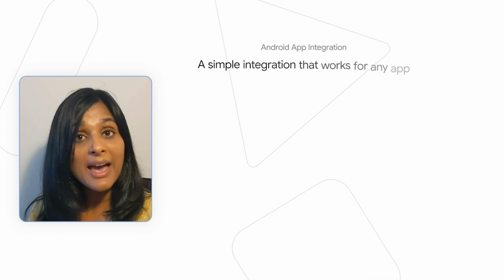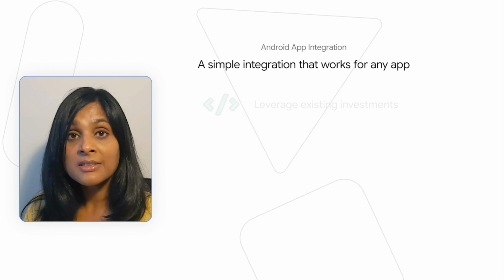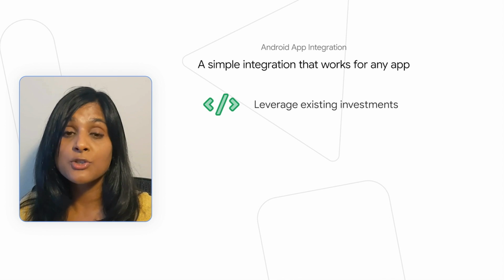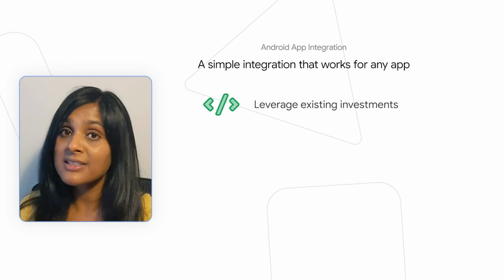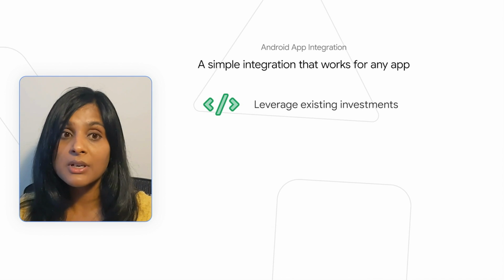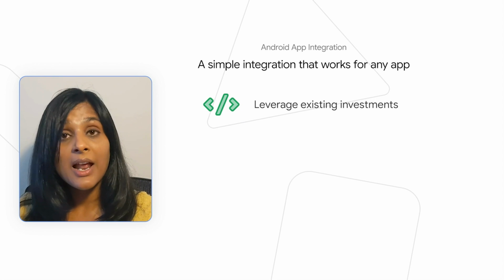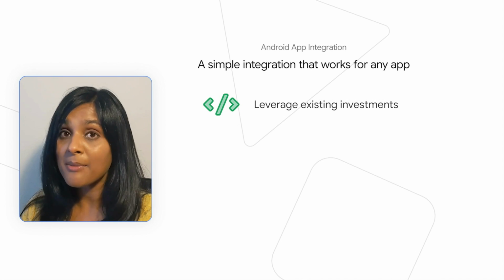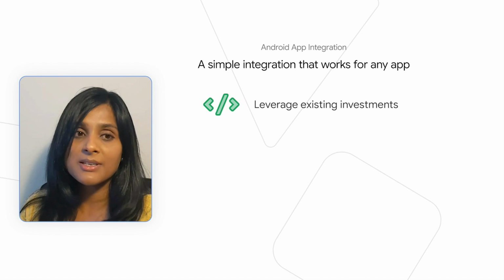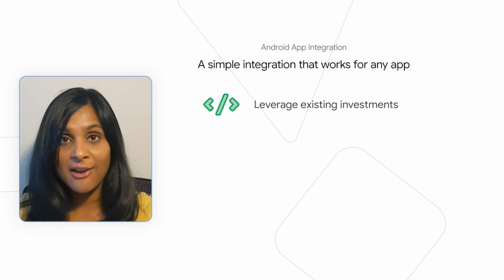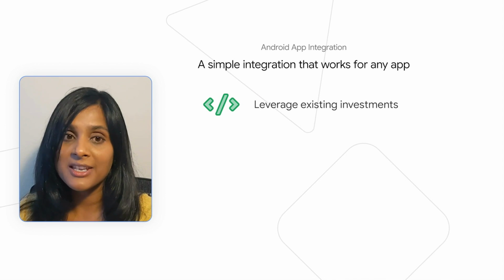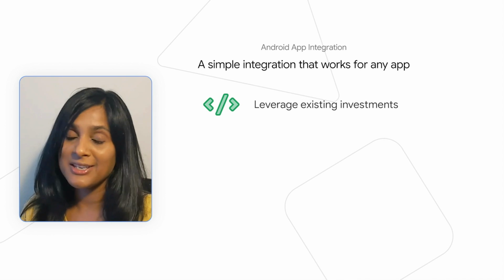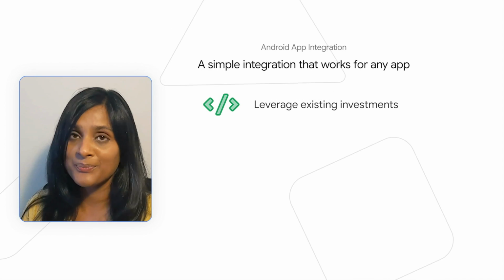First, you can leverage the investment and the time you have already put in your Android app, its functionality, and extend it to Google Assistant. It will allow your users to start a conversation with your app in a natural and seamless way. We take care of all the heavy lifting and natural language understanding. You do not need to build anything new.